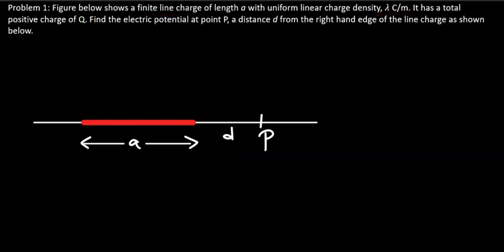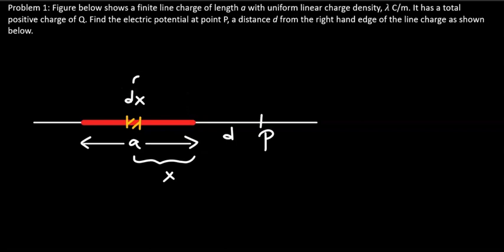The first strategy is to divide the entire line charge into tiny segments and treat that tiny segment as a point charge. So a segment such as that one. Now let's assume that the segment has a length dx and it is situated a distance x from the right-hand edge of that line charge.